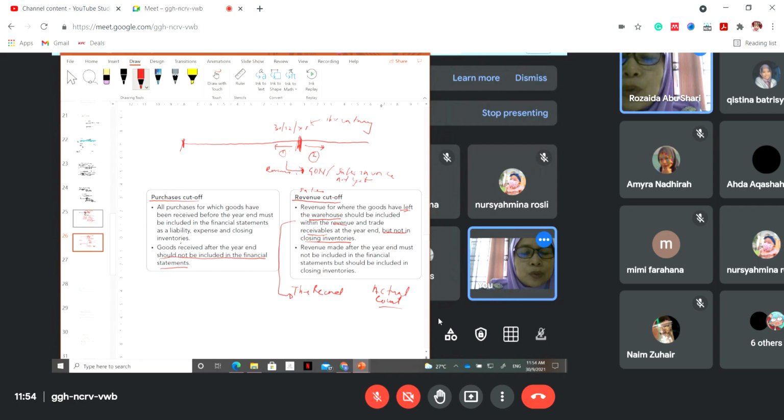If in the actual count they have already excluded it, let's say the total actual count is 50k, but in the record they do not recognize it, then it will become understated.